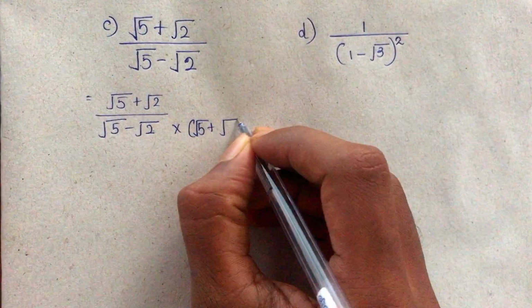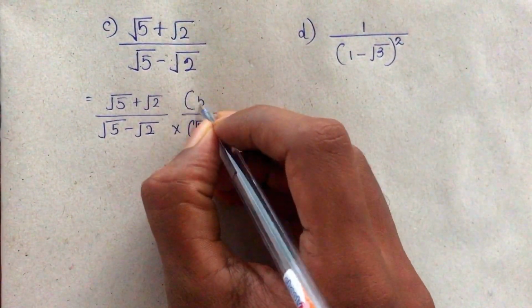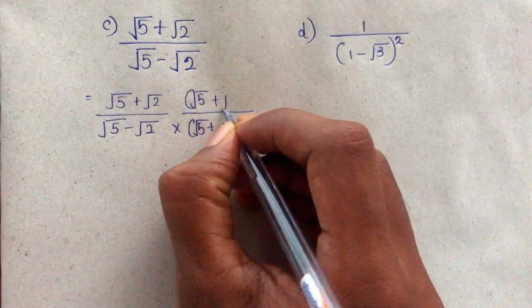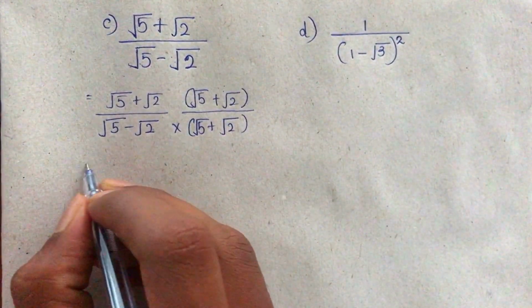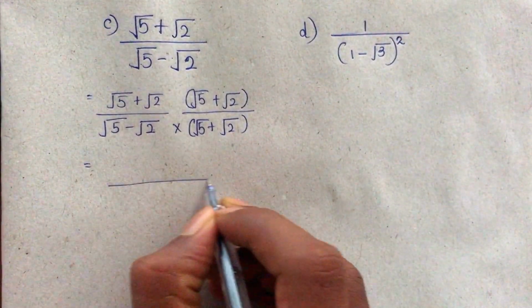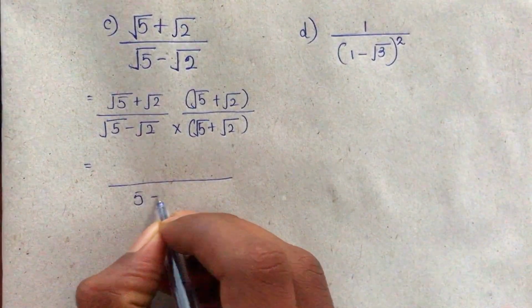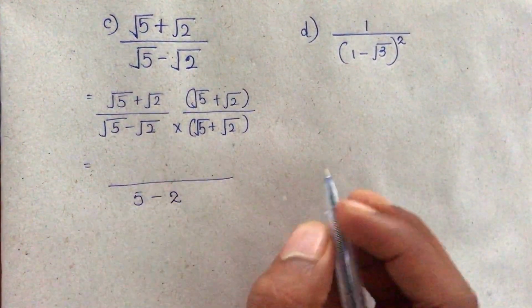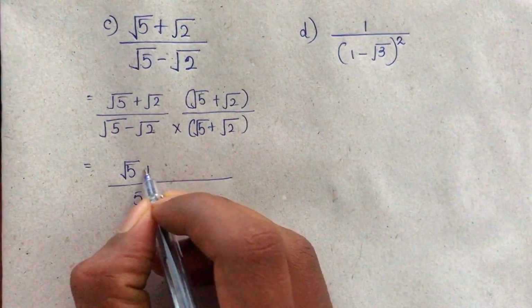At the top we get (square root 5 plus square root 2) squared, and the denominator will be 5 minus 2.